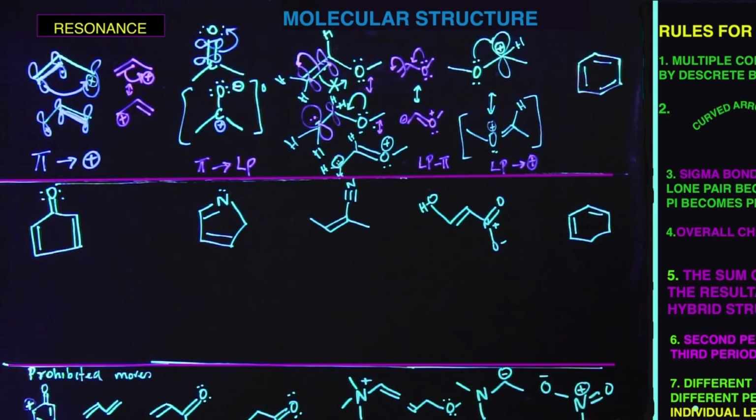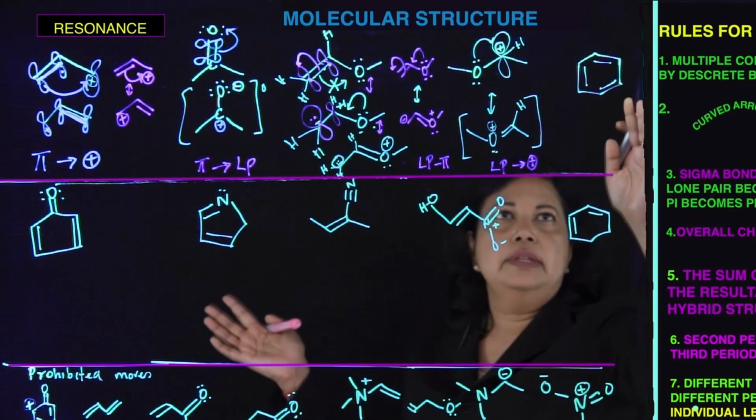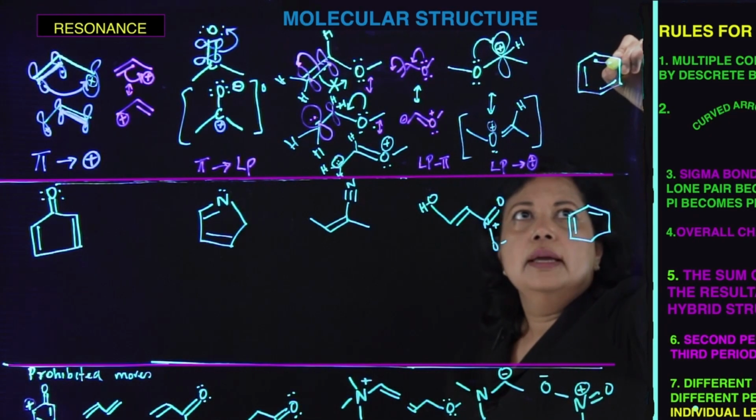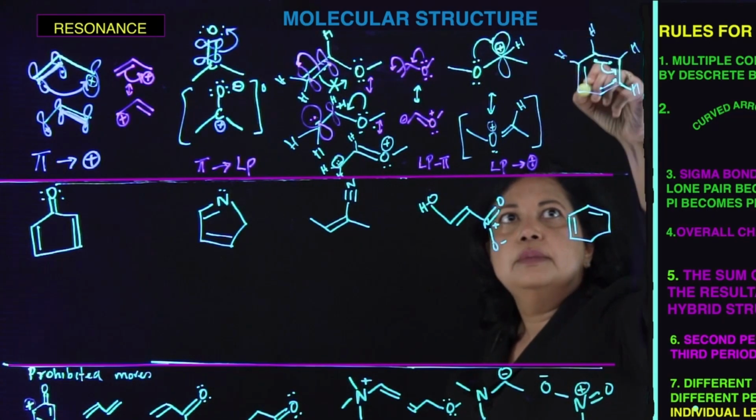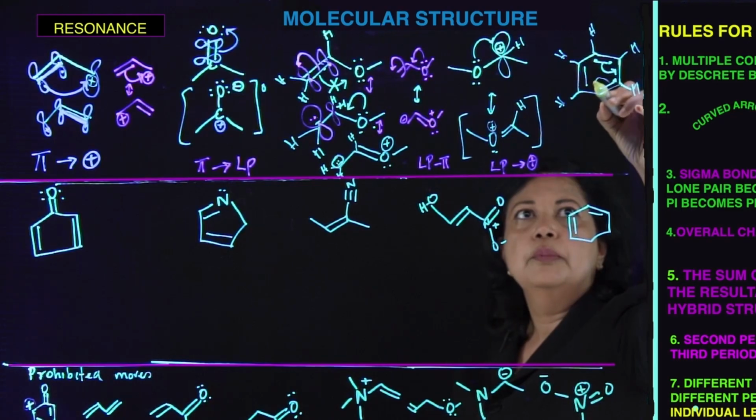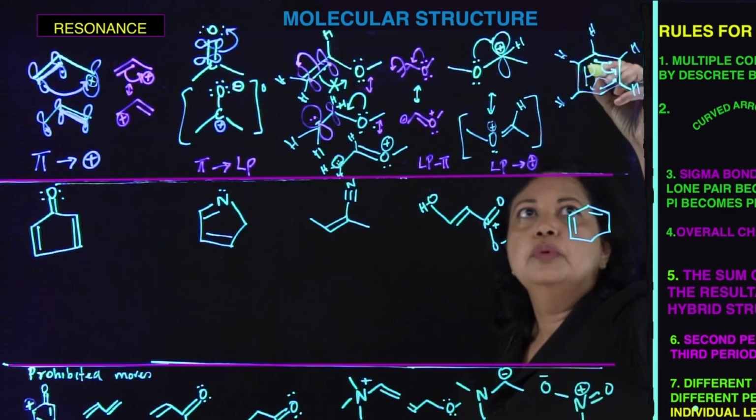And over here, what do we have? We don't have any lone pairs. Where do we start? We can start at a pi. Pi becomes a pi, breaks this pi because there's too many here. Remember, there are hydrogens here. And so this pi will move over here, and that will move over there.